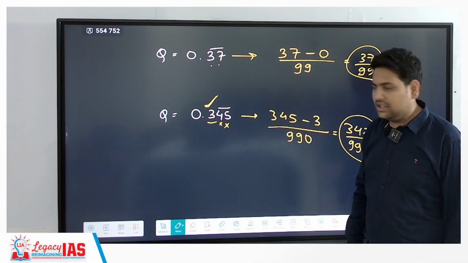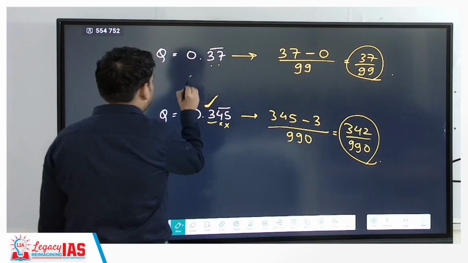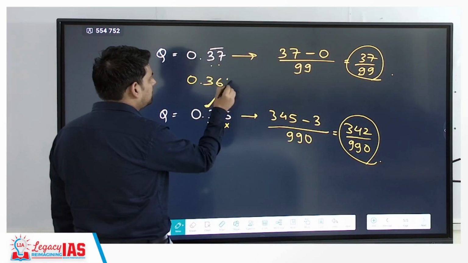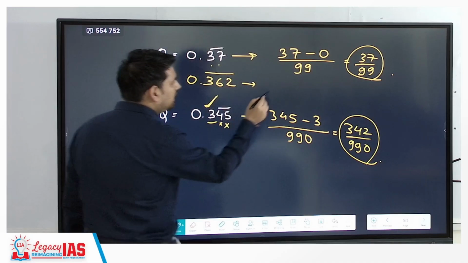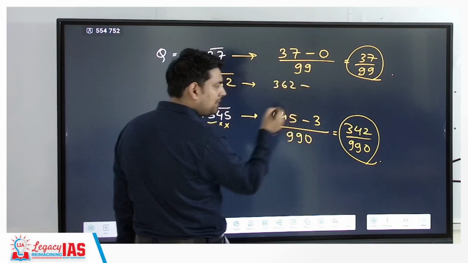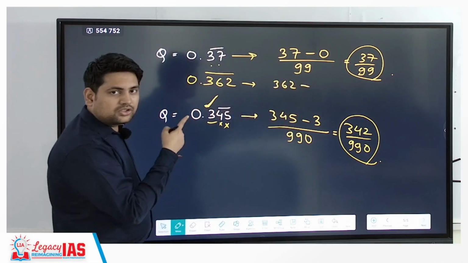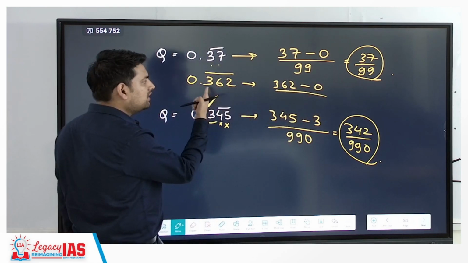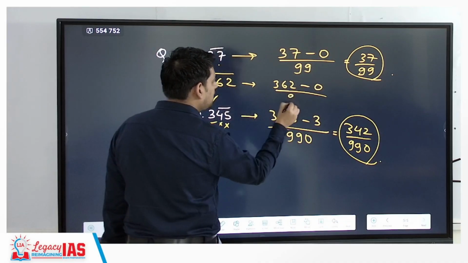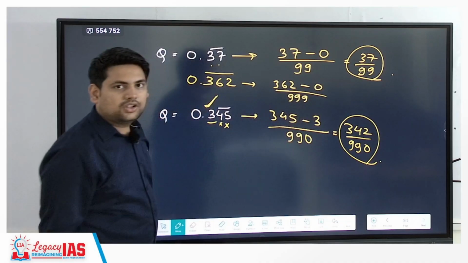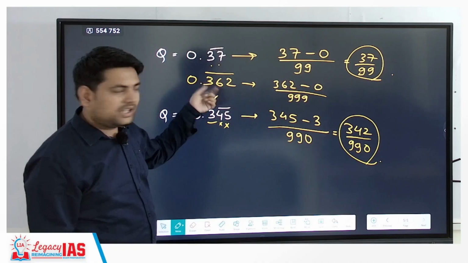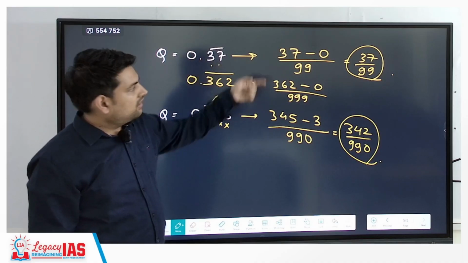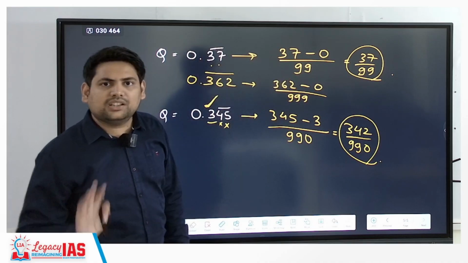Okay? Understood? Like if similarly I were to write 0.362 bar, what will happen? Again 362 minus no numbers which do not have a bar over them, so 0. Now the number of numbers with a bar over them: 1, 2, 3. So when all numbers have a bar over them, you can just by counting write that many nines below them.